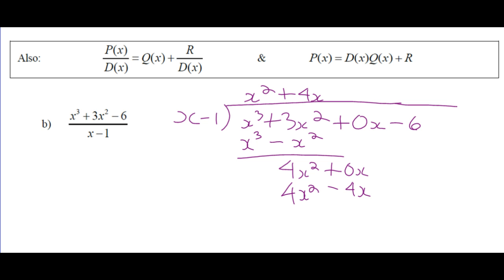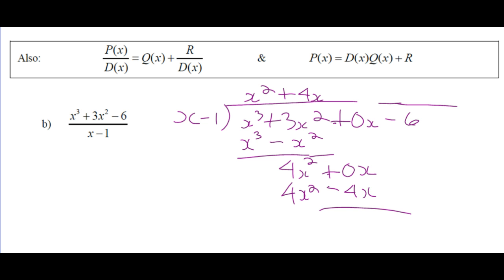Because if we don't have it, if I just had here minus 6 and then brought down minus 6, you can't do that. So we need a placeholder, right? We need an x term, and if there is no x term, then we shall create an x term, which is just 0x. It's just a placeholder.